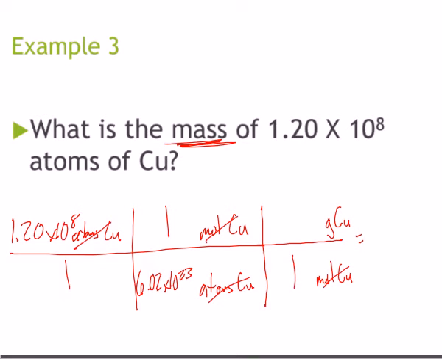Moles always gets the number 1. How many grams of copper? Where am I going to find that number? Periodic table. Good. What is our molar mass, or atomic mass, of copper? 63.546 grams of copper. Now, plug it in, and that's all you've got to do.